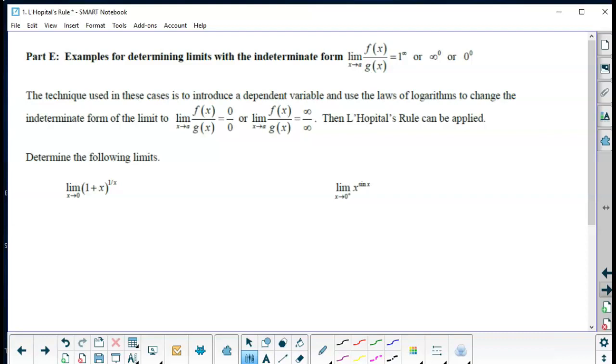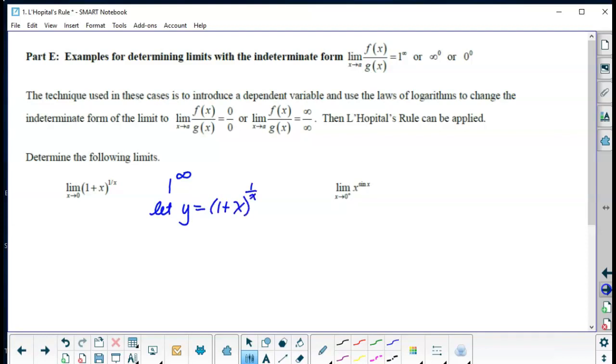This is an exponential form. If I substitute 0 in there, I get 1 to infinity, right? So I get 1 to infinity, which is an indeterminate form. So we'll make a substitution. Let's let y equal 1 plus x to the 1 over x.